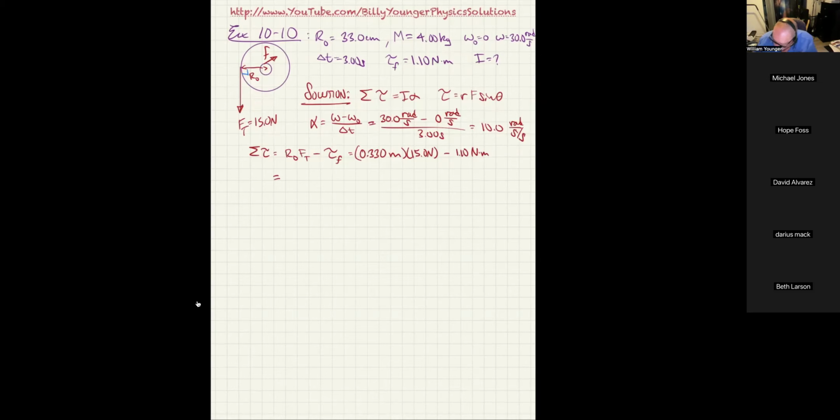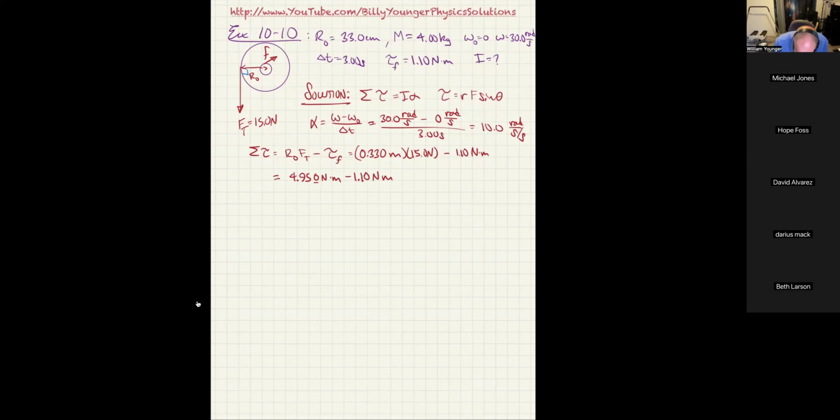So this gives me 0.33 times 15.0, which should be close to 5, 4.95. 4.950 Newton meters with one extra digit, minus 1.10 Newton meter.